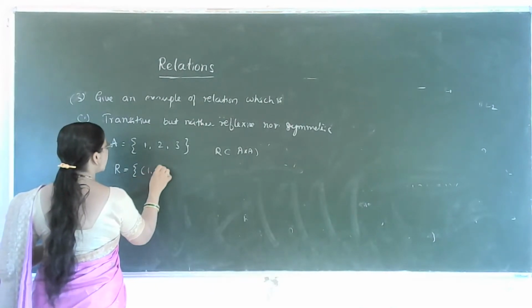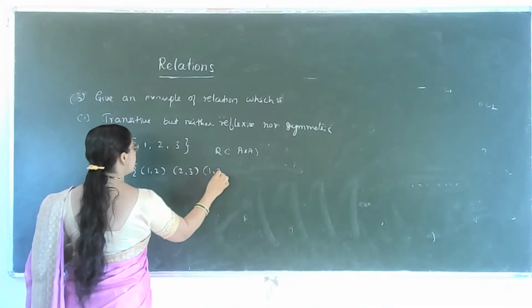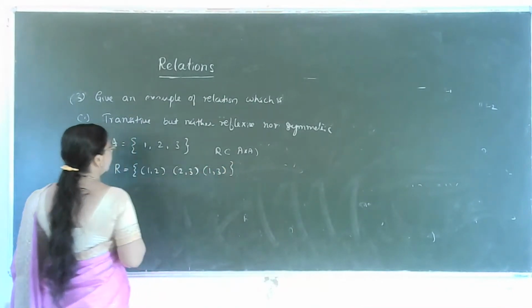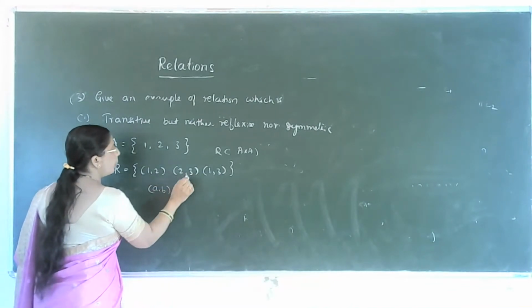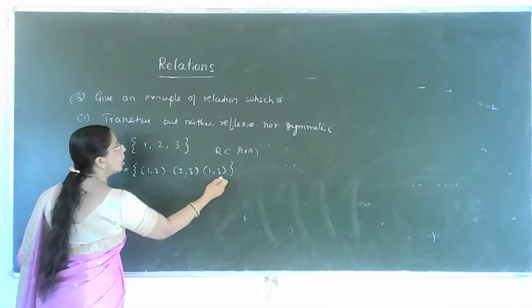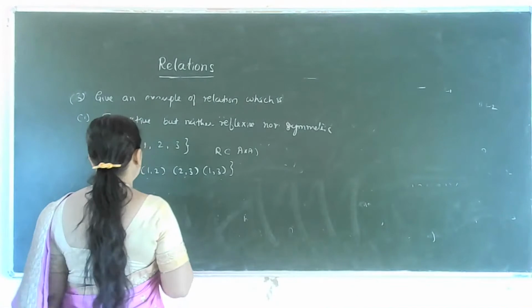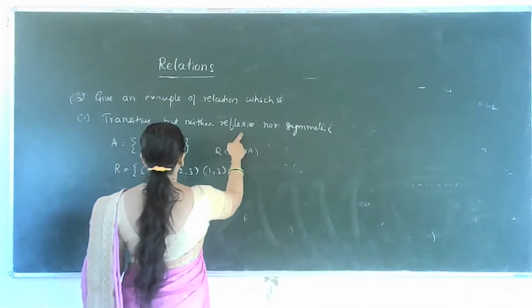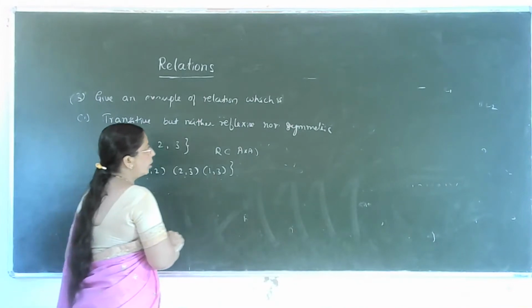Here, R = {(1, 2), (2, 3), (1, 3)}. (1, 2) is there, (2, 3) is there, (1, 3) also there. It's a transitive relation, but not reflexive because (1, 1), (2, 2), (3, 3) are not there.